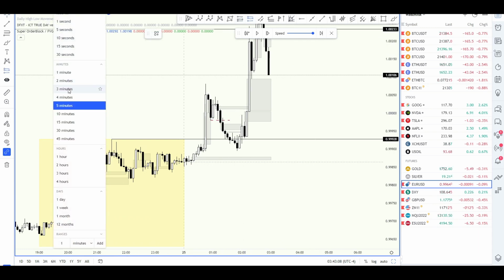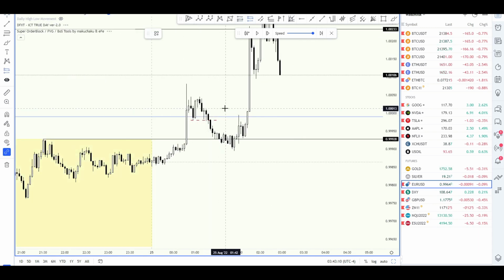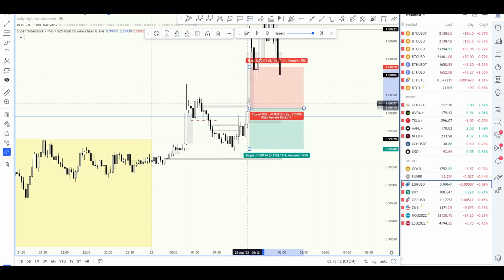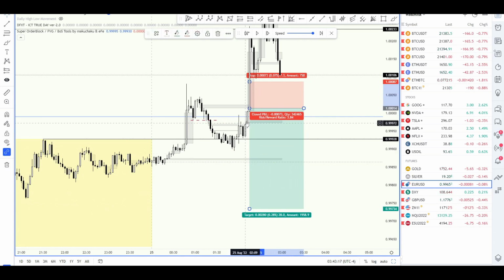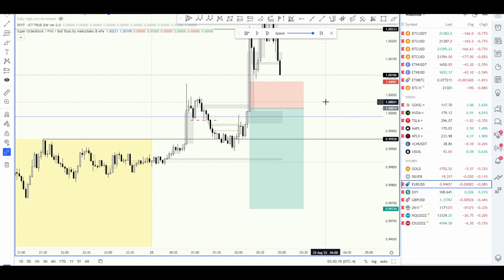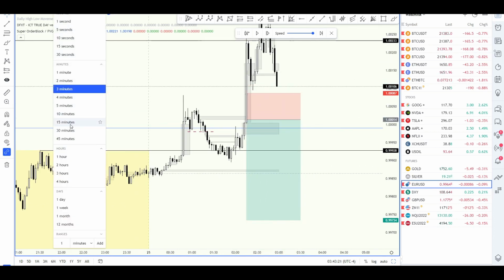Let's see if we have any fair value gaps on 3 minutes. Yes, we do. So that is our entry, and we are being stopped. So that is a losing trade.